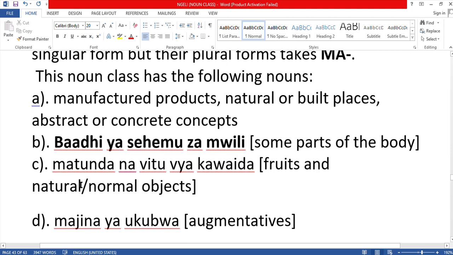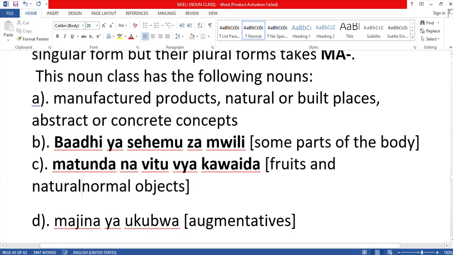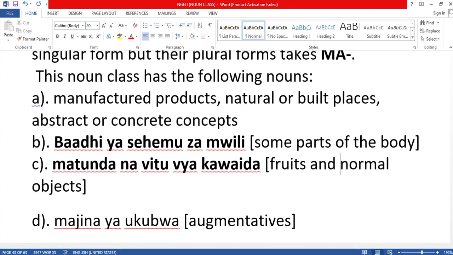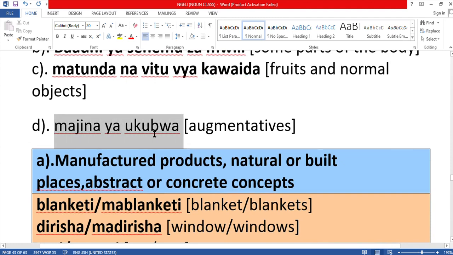C. Matunda na vitu vya kawaida, fruits and normal things, not natural things. Matunda here is the fruits, na, and vitu, things, objects, whatever. Kawaida, normal.